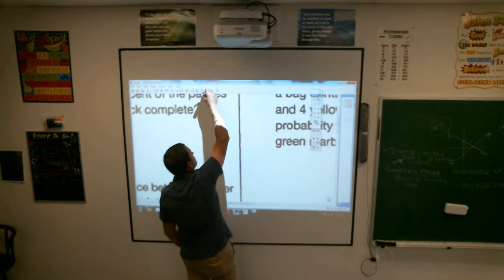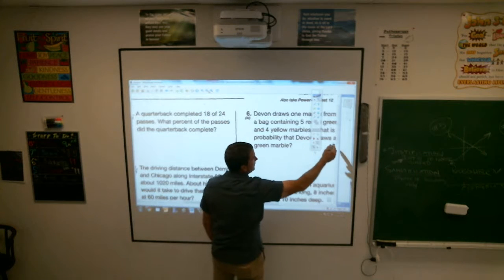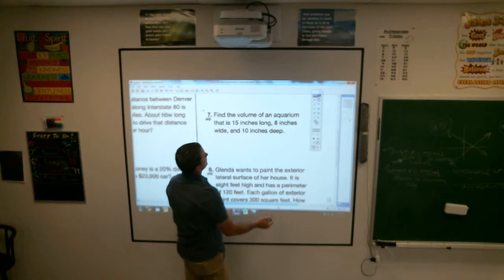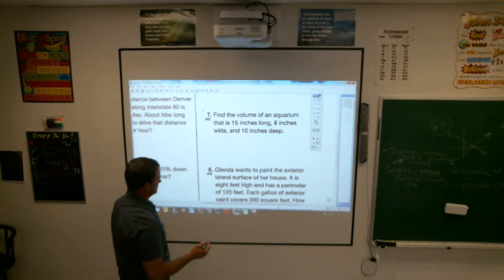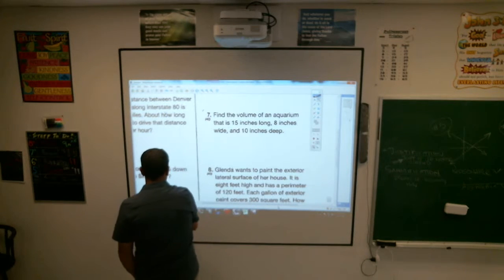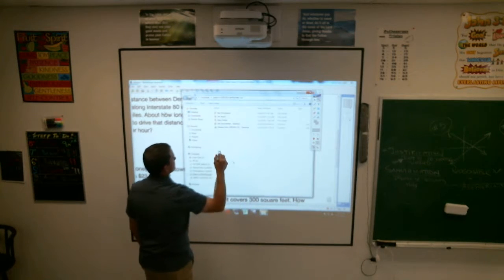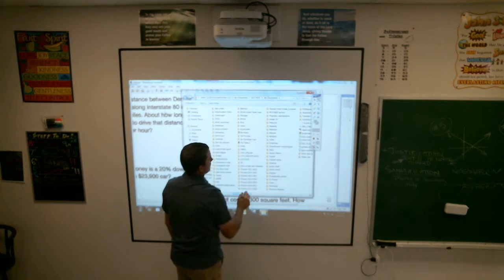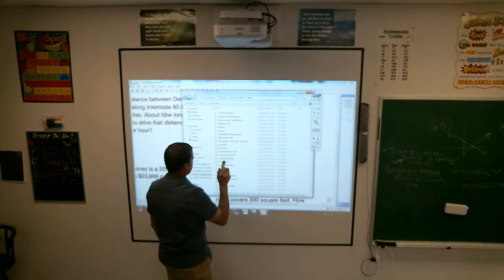At some point, we will get this down to a manageable length. How about there? You drew the picture of the aquarium? That's the wrong one. Which one's it supposed to be? 13. What did I write on here? Is this 12? Oh, kids, this could be trouble. This is supposed to be 13A? That's gonna be trouble. Right here, Riverside.